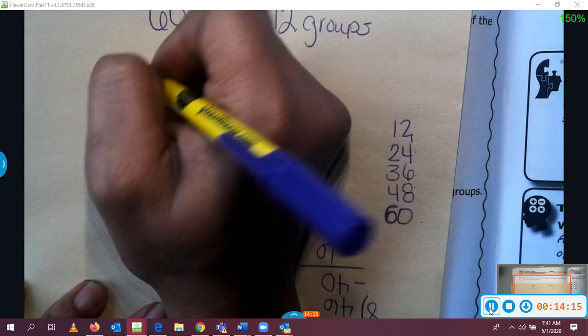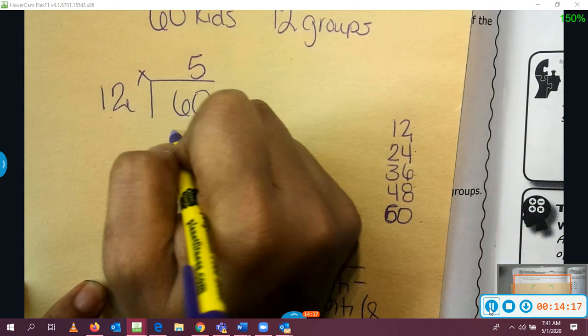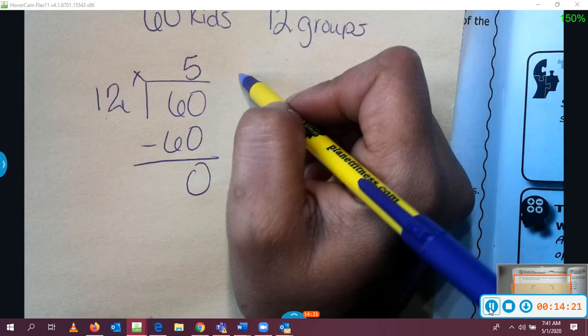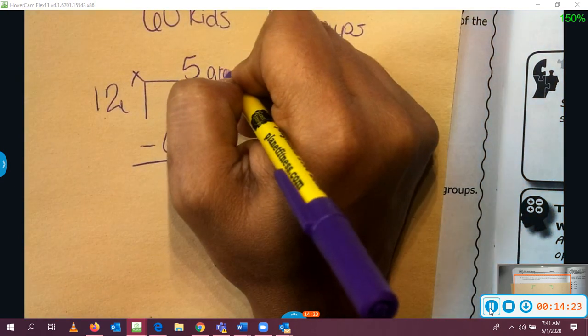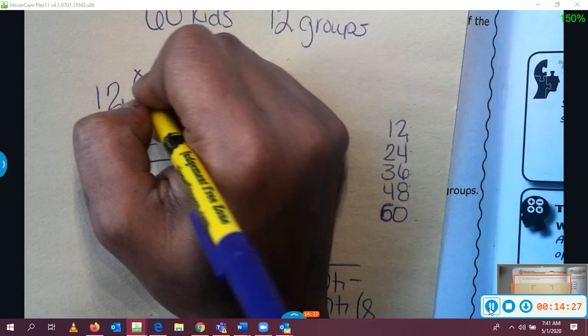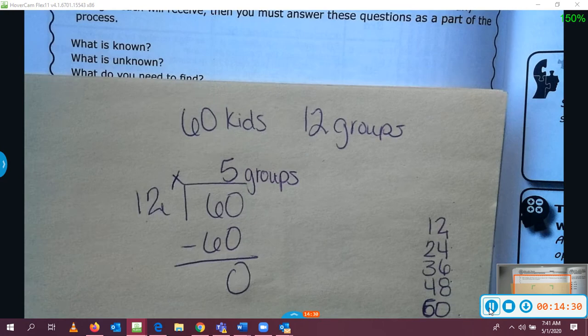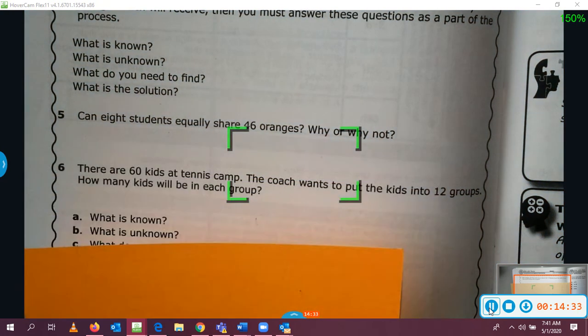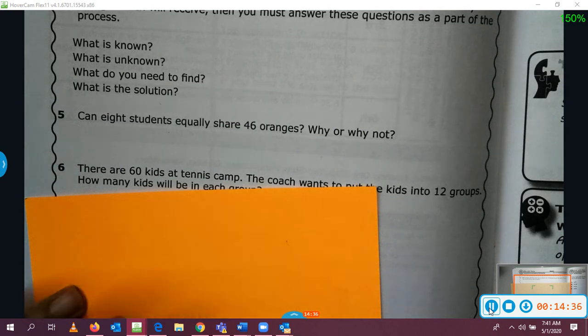So 12 times 5 is 60. Then they can put them in 5 groups with no remainders. So 5 times 12 is 60. So the answer to the question of how many groups of 12 there would be in 60 kids is 5 groups.